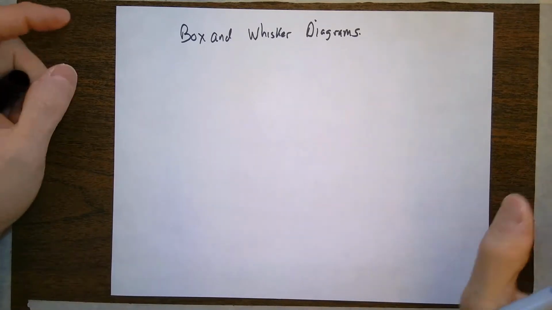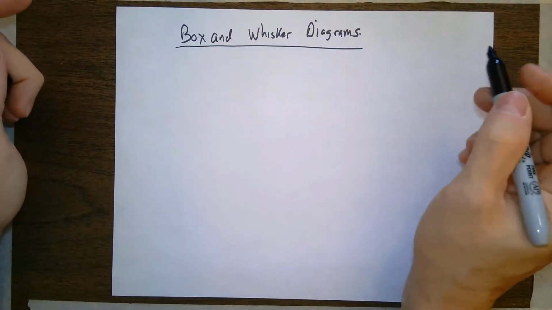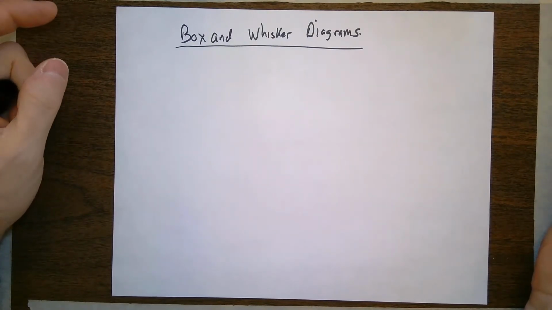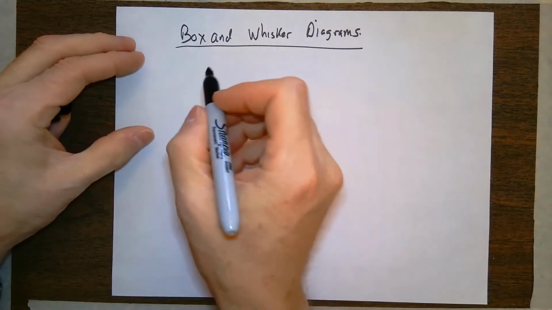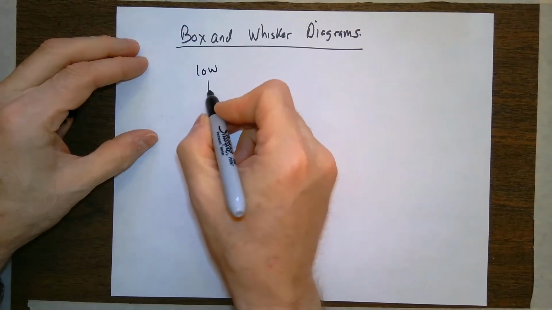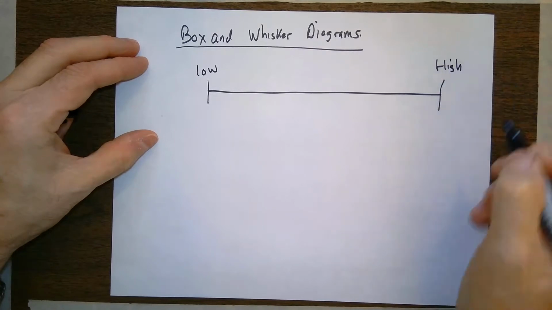A typical box and whisker, and what I'd like to do is draw a box and whisker, and I'm going to use grades. Let's say on a particular test, we're going to create a box and whisker representing the test grades. So we're going to have the lowest test grade here going all the way up to the highest test grade here.